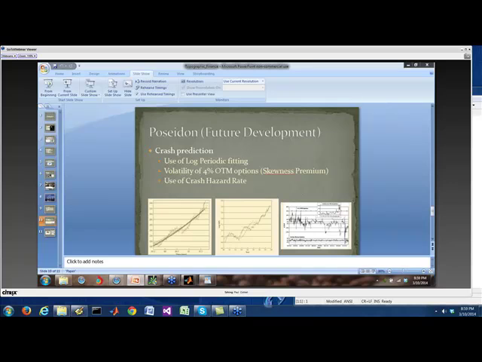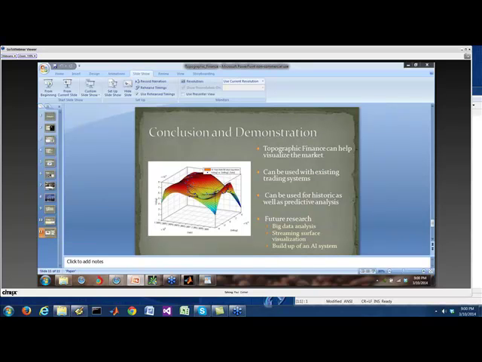Hazard rates is another metric. So coding that. Another big advancement would be the actual streaming of the surfacing. Once it's done, that would be really cool. But I think we're really pushing the envelope of technology here.